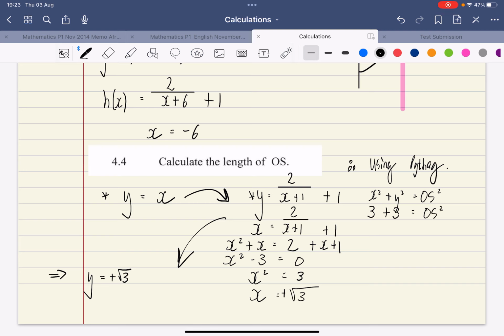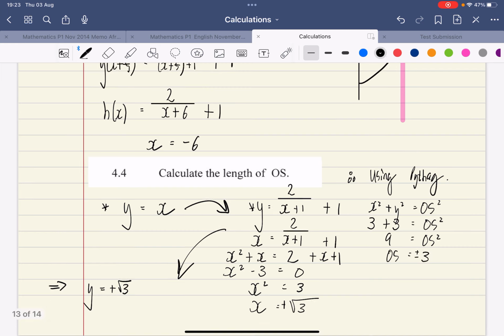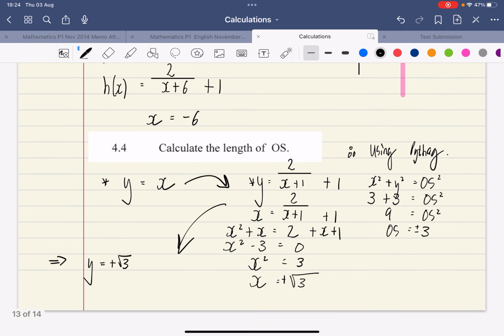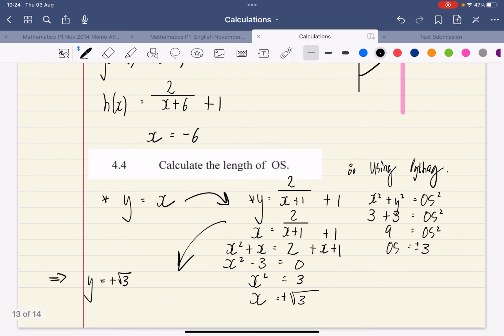OS squared equals 9. OS equals root 9, which is 3, positive or negative. But once again, a distance can only be positive. So in this context, it is indeed positive 3.